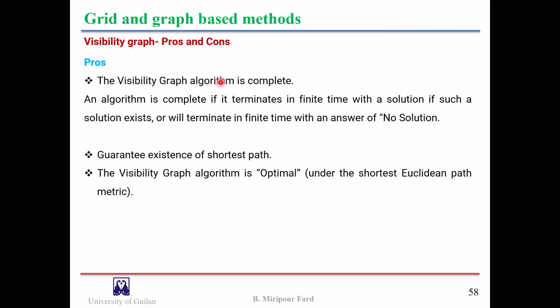So the visibility graph with this definition is a complete algorithm. The visibility graph approach guarantees existence of shortest path, and it is optimal under the shortest Euclidean path metric.